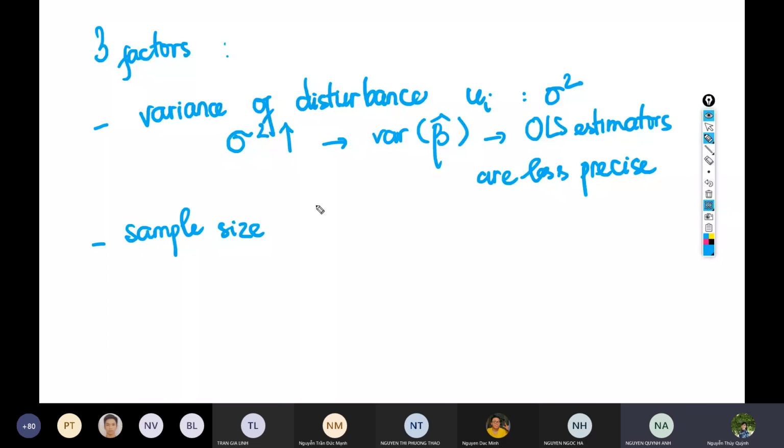The larger the sample size is, the lower the value of the variance and the more precise. Yeah, we have more precise estimators.